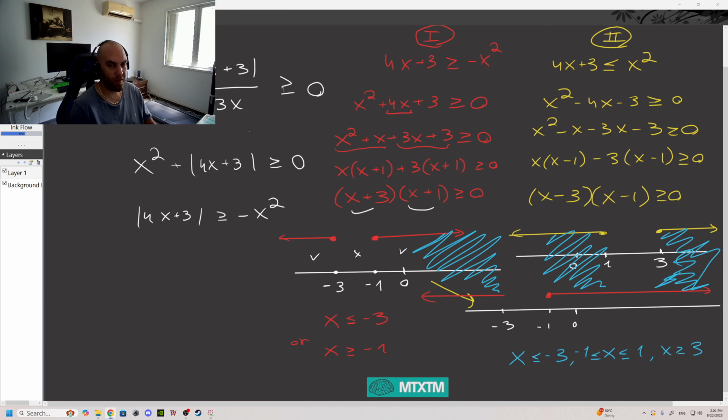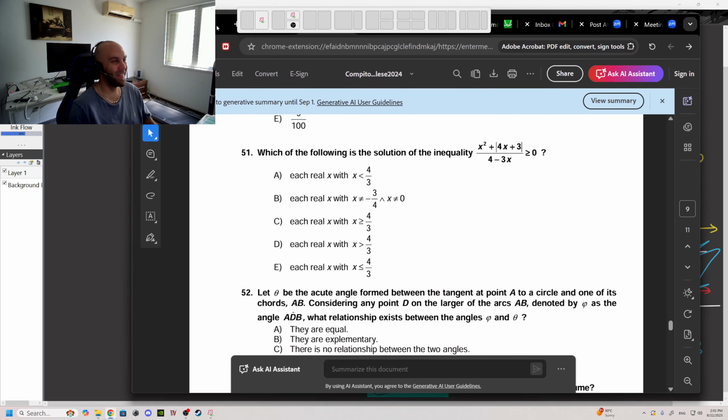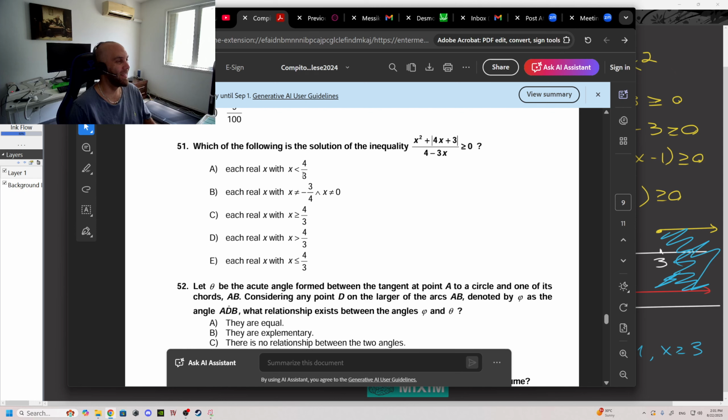And if I look at the solution for the inequation, it's real x with x smaller than 4/3. Okay, what can I say?